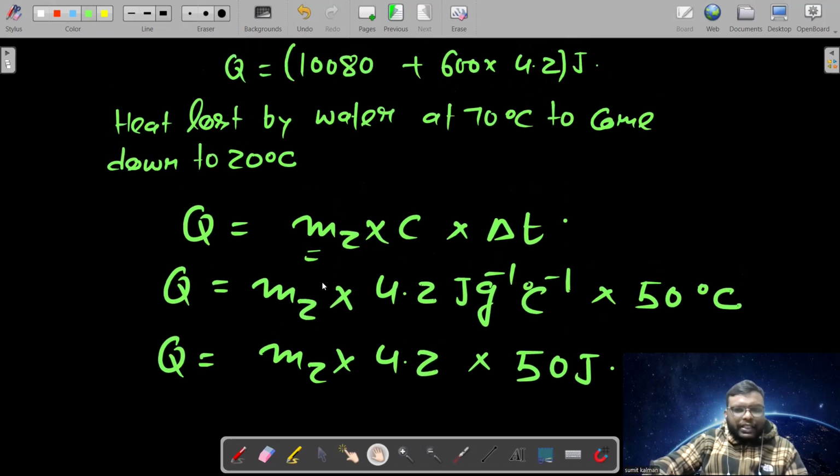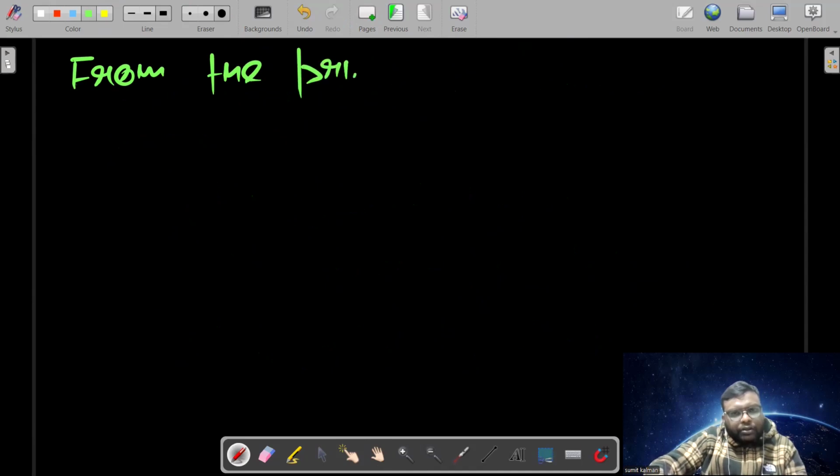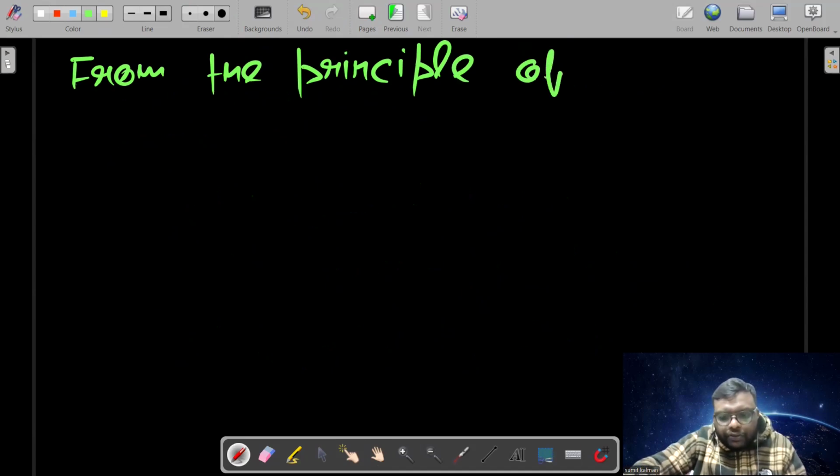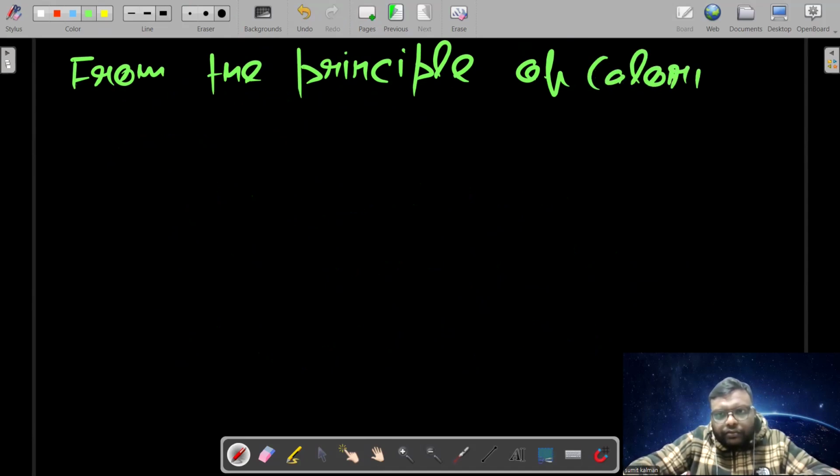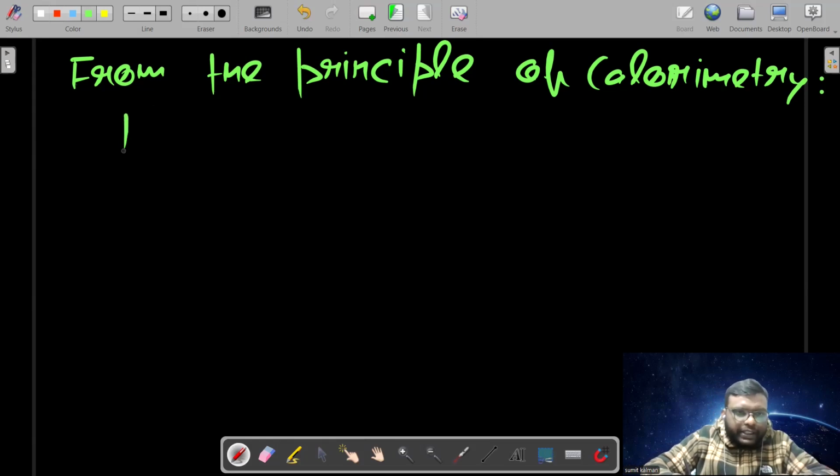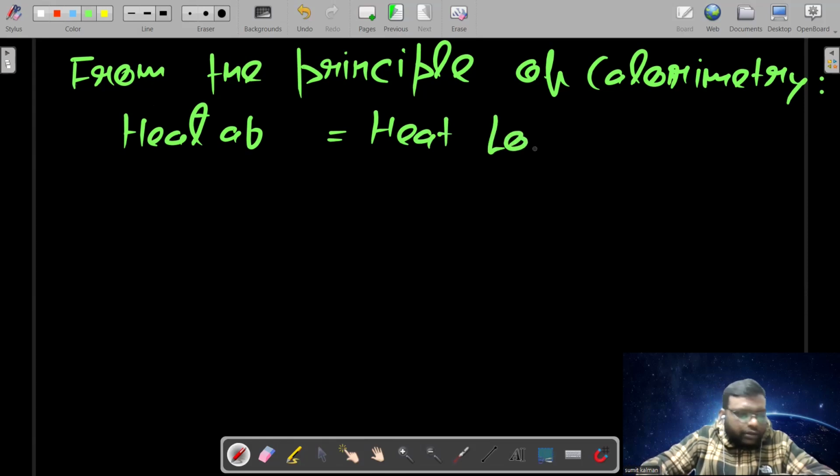According to the principle of calorimetry, total heat absorbed is equal to total heat lost.